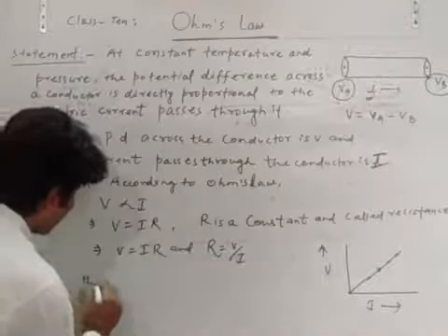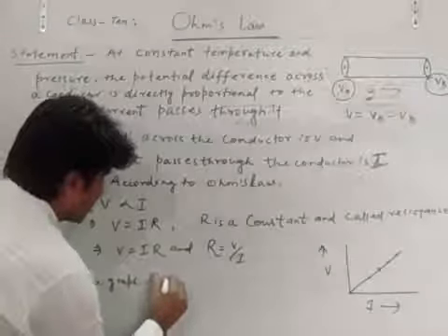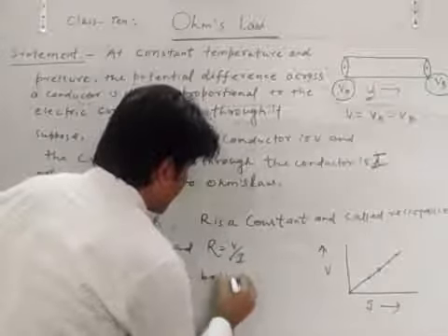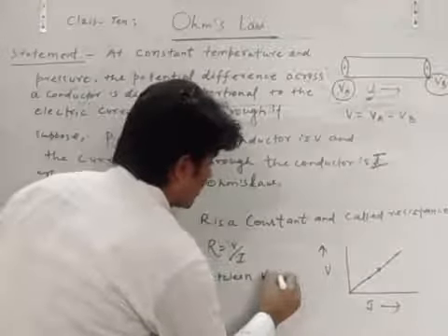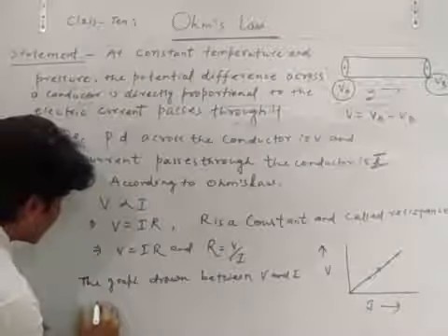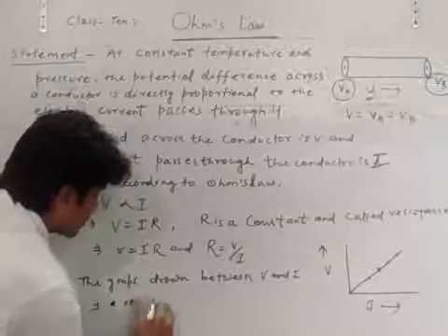The graph drawn between V and I is a straight line.